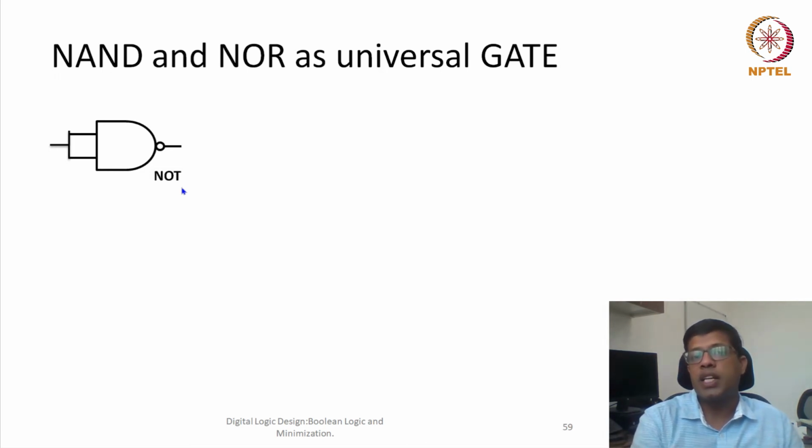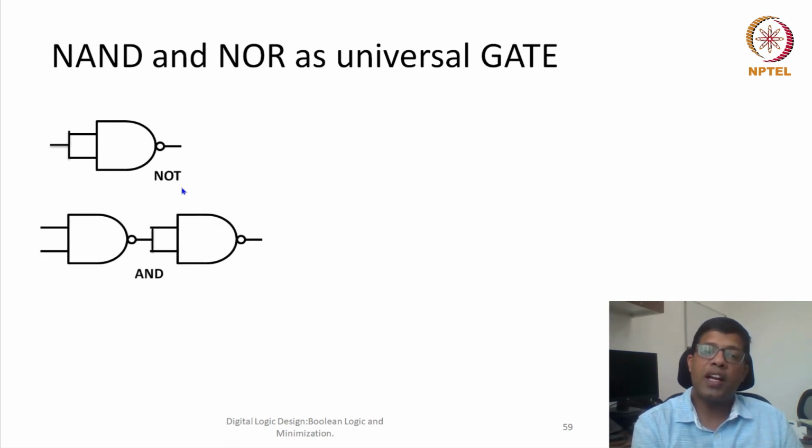So now, because I can create an inverter out of my NAND gate, I can create an AND gate also out of a NAND gate. So a NAND gate is essentially an inverted output of my AND gate. So if I put another inverter after it, it would essentially mean an AND gate.